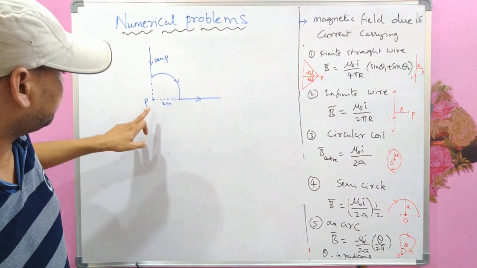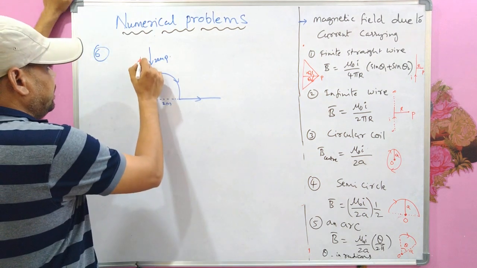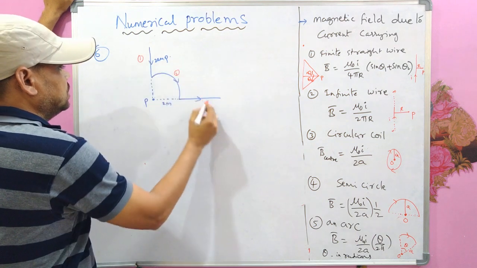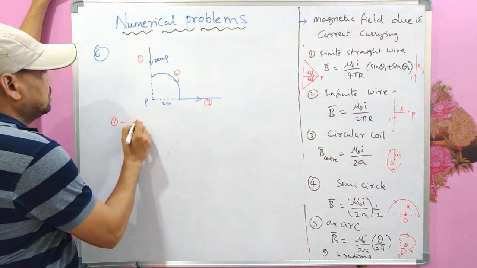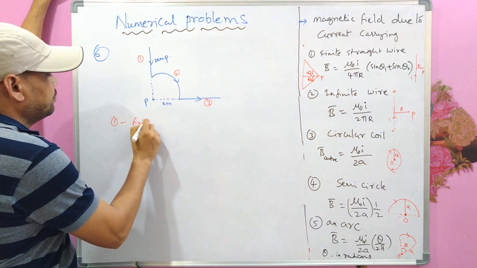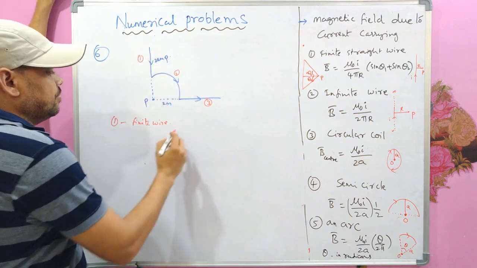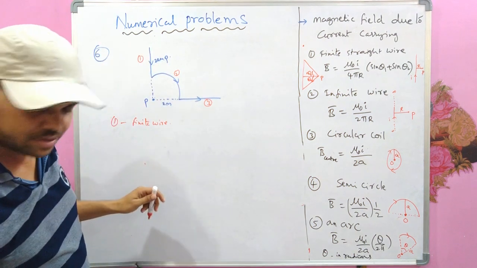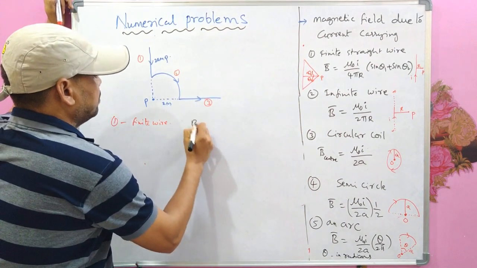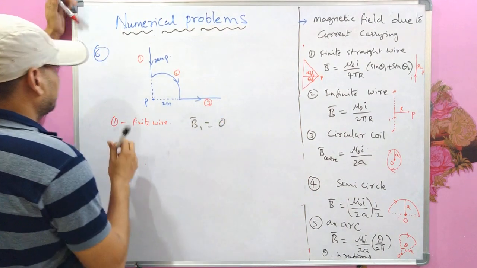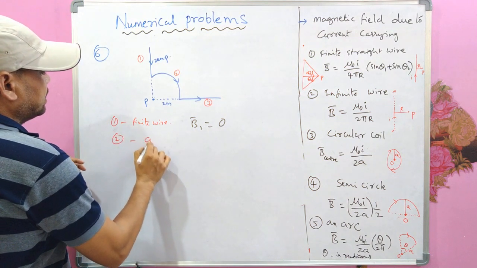So magnetic field at point P I have to calculate. So for this again, divide it into components. This is 2, this is 3, and number 1 is finite wire. P is on its line, so the magnetic field due to this wire, B1, will be 0, and number 2 is an arc.